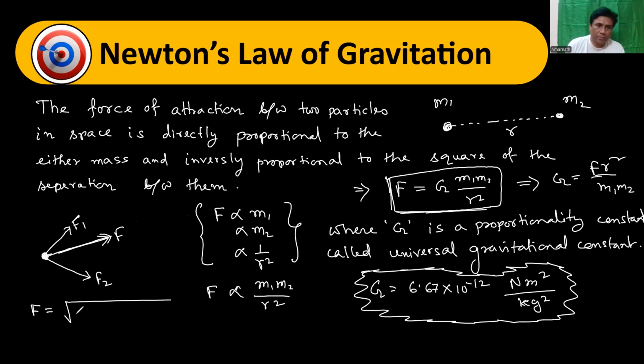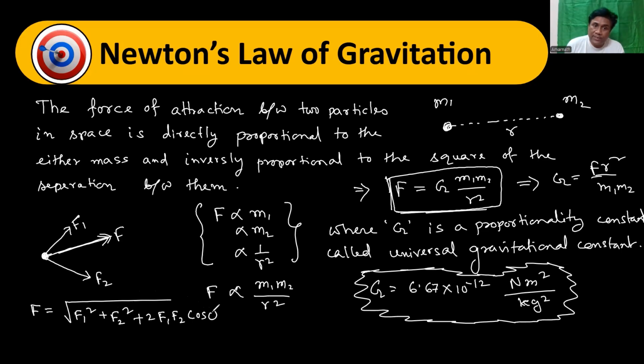Please remember this formula. F1 square means F1's value, say it is 3 Newton, plus F2 square, say F2 is 5 Newton, it means 5 square. So 3 square plus 5 square plus 2 into F1 into F2 into cos theta.